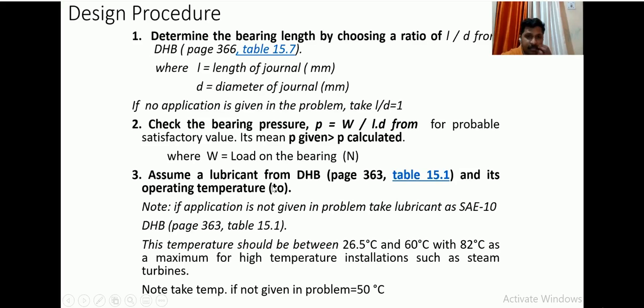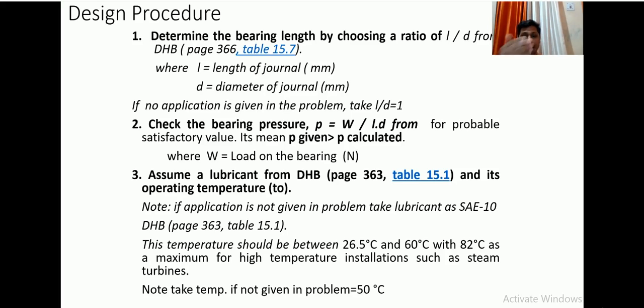Okay, then the next step is to find the correct oil, because if the oil does not have that much viscosity to sustain that much pressure, what will happen? The fluid film will not develop, or if it somehow develops, it will be broken out when the full load comes over the journal. Okay, so for selecting the correct oil, first we will find the appropriate oil for the particular application, and that application will be given in your problem.